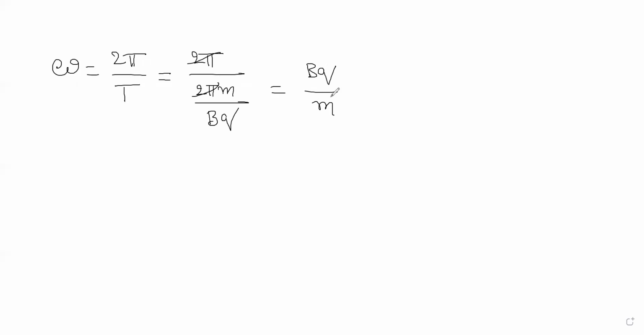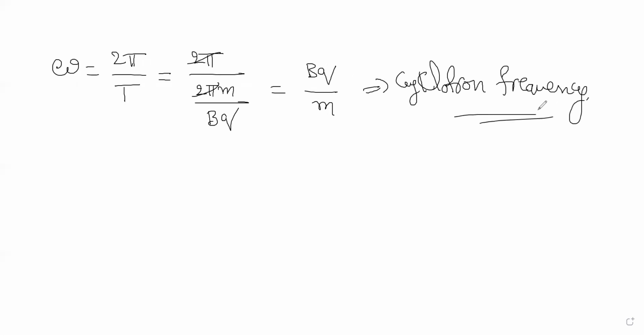This omega is sometimes called the cyclotron frequency. So this is the principle used in a device called the cyclotron. A cyclotron is actually a particle accelerator.